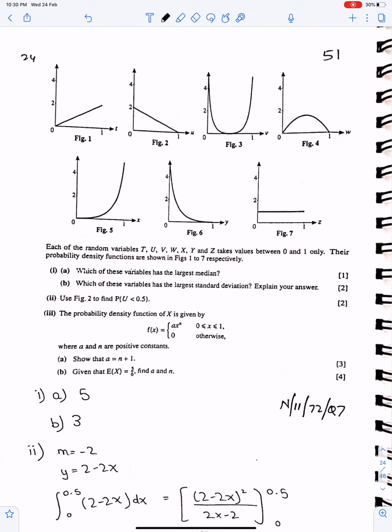Which of these variables has the largest median? That's the question.